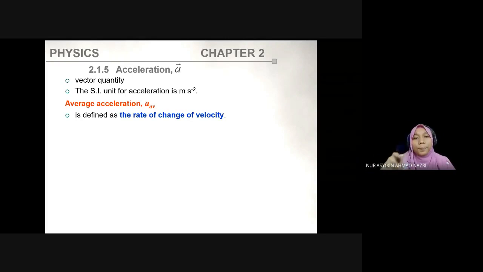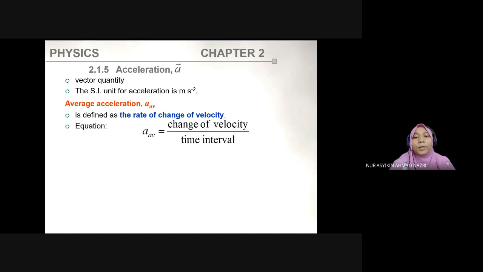Velocity per dengan masa, displacement per time. So we define it as rate of change of displacement. And now for the acceleration, we define it as the rate of change of velocity. So mudahlah untuk awak ingat. Okay, so kita divide dengan time, we get acceleration pula.